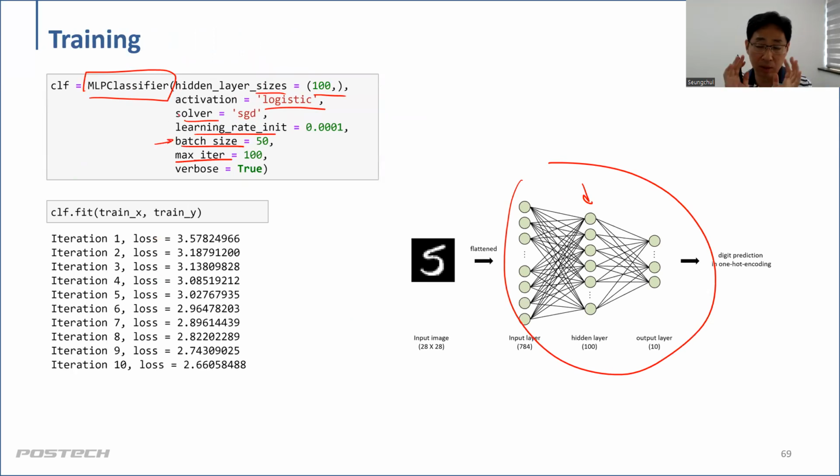Batch size means the number of data points that we use in each iteration instead of one or the entire data set. So sometimes it's good to assign the batch size. And again, we fit on train X, train Y, and do iterations. As you can see, the loss is gonna get smaller and smaller.